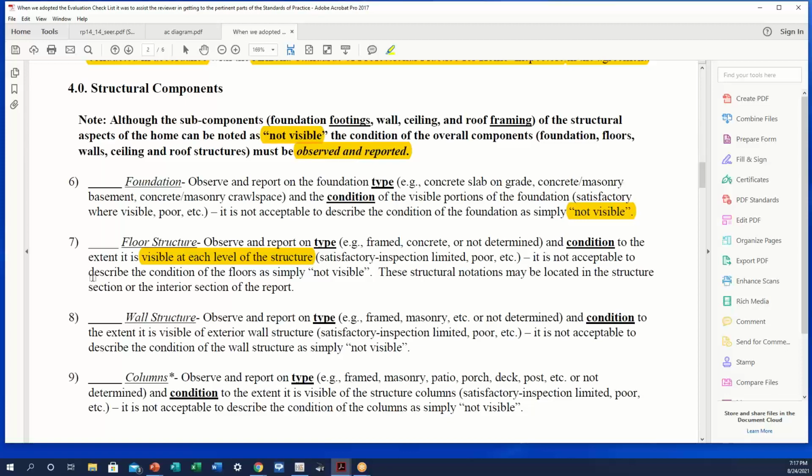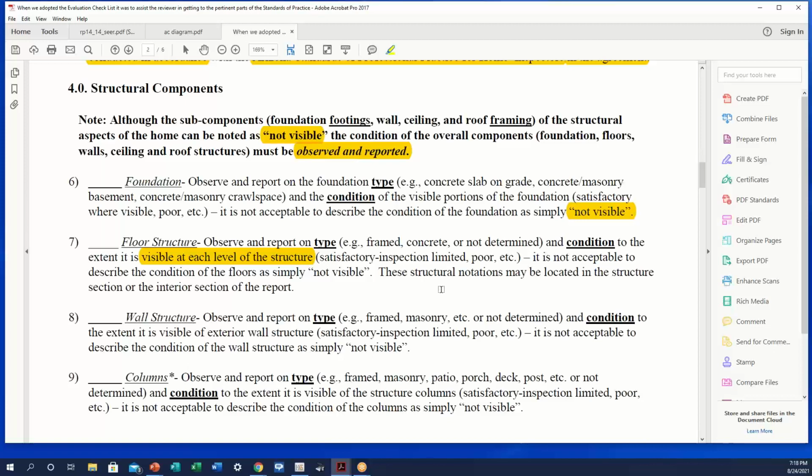The condition though, that's something different than the type. Yes, the condition. So when I walk on a floor and the floor is sloping to the east or sloping to the north, that's my condition report. The floor is bouncy. I use that term a lot because no one seems to understand when I say deflection.